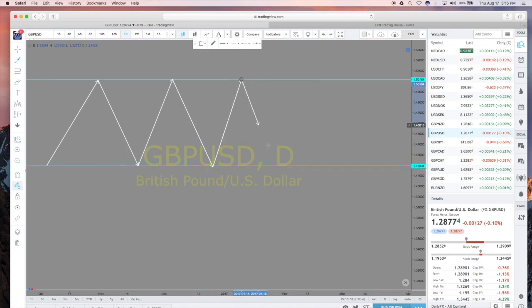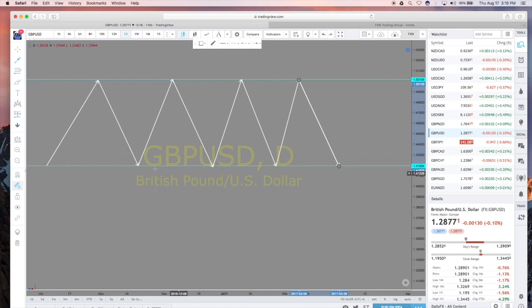The white line here is basically going to be your candlestick chart. So price is moving back and forth between support and resistance, between the ceiling and the floor.